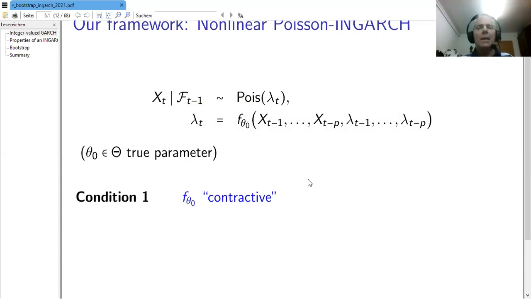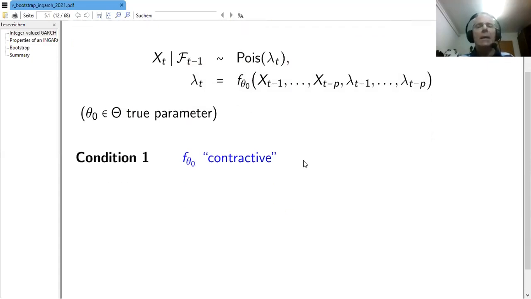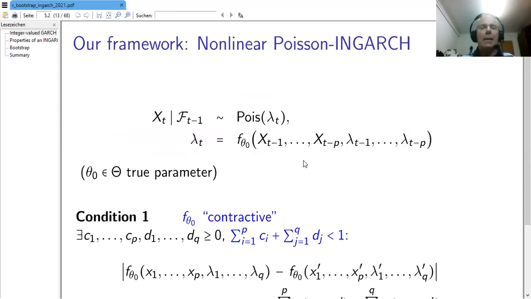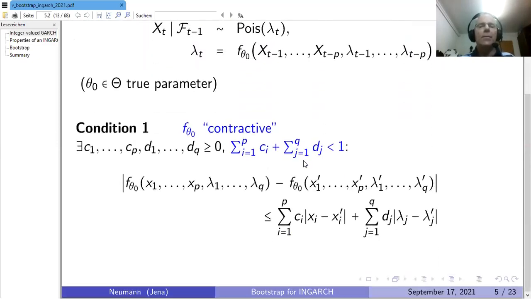Okay, so the most important condition will be that this function f_theta0, the intensity function, has a certain contraction property, namely this one.